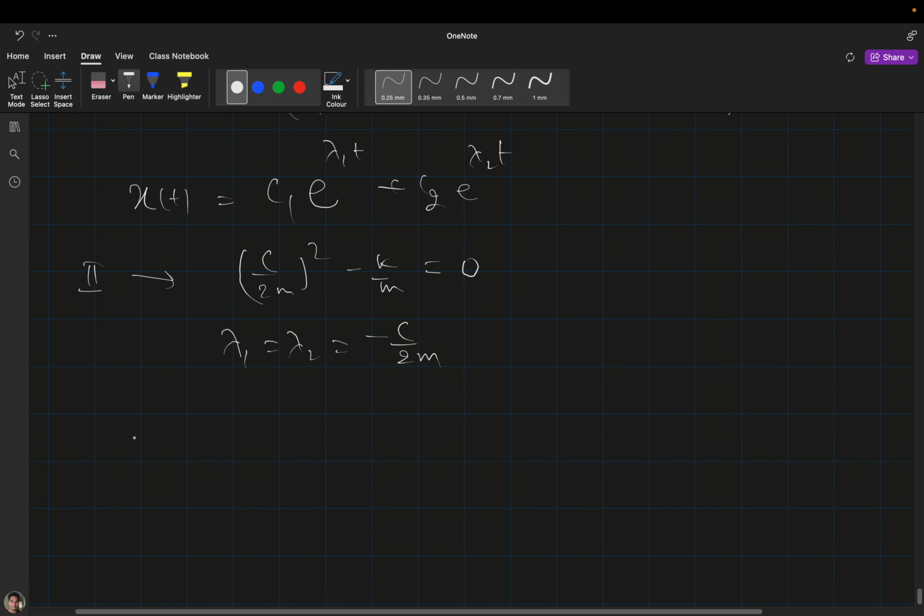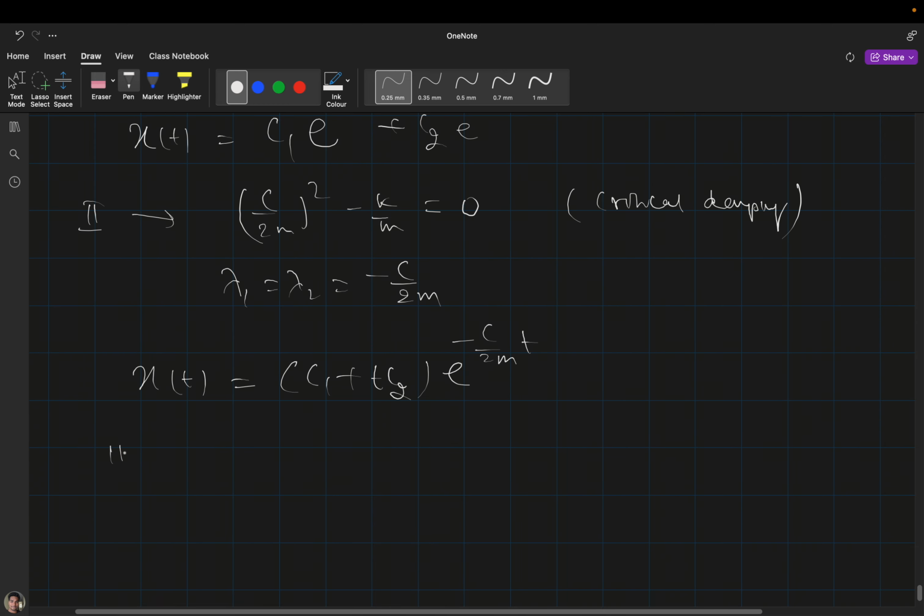Then what will be the solution? x(t) equal to c1 plus, tell me what should be here? t times c2, right? So this is the case of critical damping.